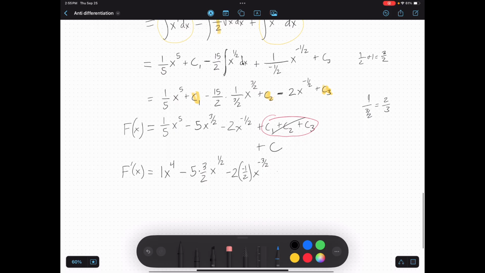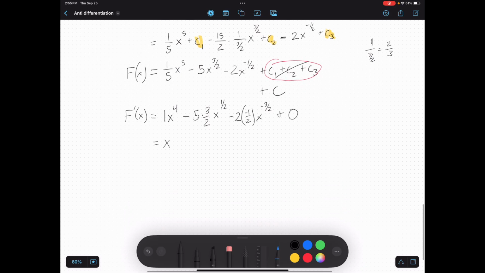What's my derivative of plus c? I just get 0 because it's a constant. If I simplify this, I get x to the 4th minus 15 halves x to the 1 half, or how can I rewrite x to the 1 half? Just as the square root of x. Minus 2 times negative 1 half, actually the negatives cancel out, and I'm left with just plus 1, so plus x to the negative 3 halves.